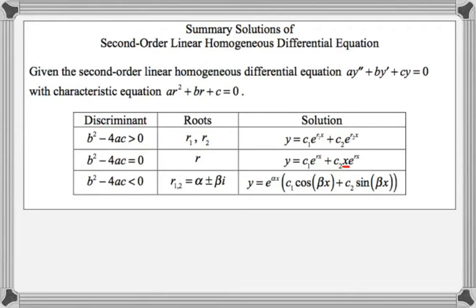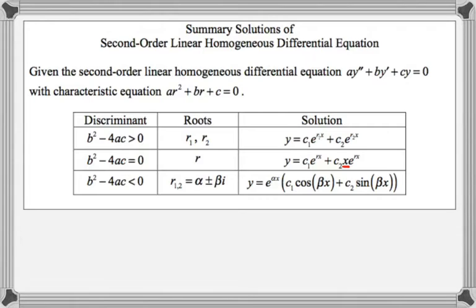That's what will happen when we get one repeated root. We could also get our discriminant, b squared minus 4ac, less than 0. In that case, some other stuff happens, but it's not going to happen in this video. So we're really focused on the second type, where we get one repeated root.